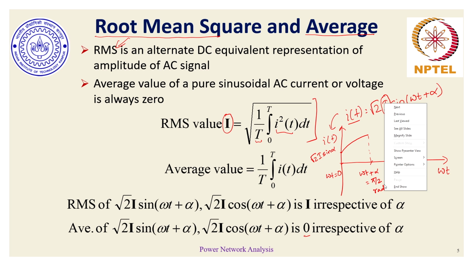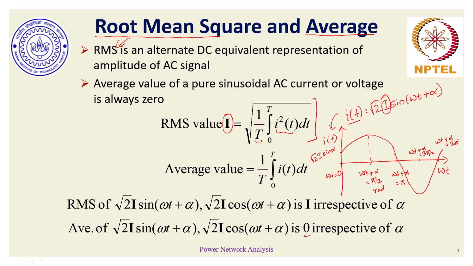And then when omega t plus alpha is equal to pi radians, this signal crosses a 0 value, and a similar pattern is also obtained for omega t plus alpha being 3 pi by 2 and omega t plus alpha being equal to 2 pi.